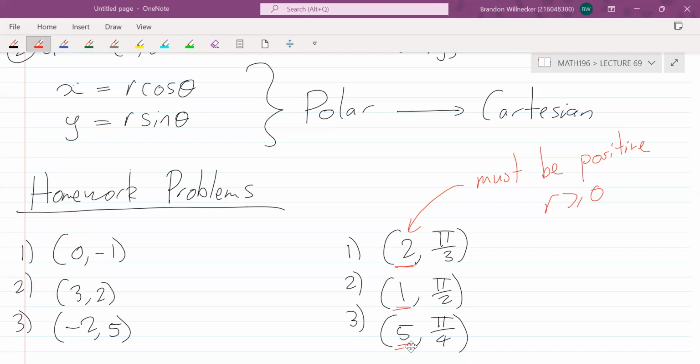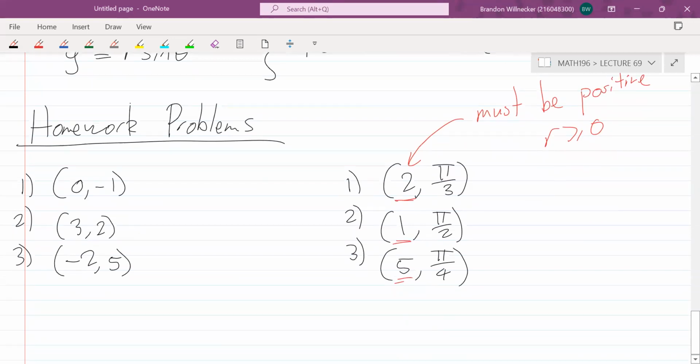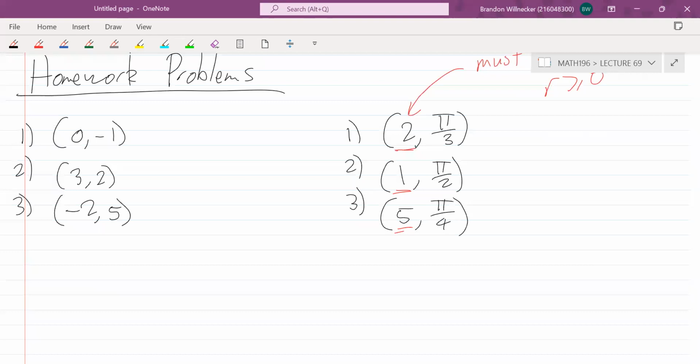Okay, so 6 homework problems there. Any questions on these? Okay, so not too bad. And then just a little note for next lecture.